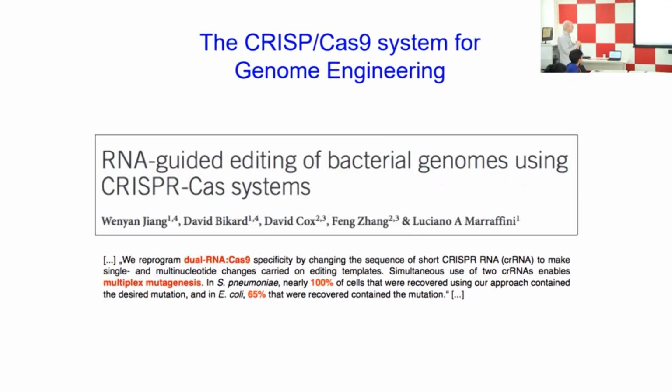I will not get into the details, but probably you will get the story in other subjects in your curriculum. But the basic fact that we want to exploit for the sake of this course is that CRISPR-Cas systems provide some tools, some activities for RNA-guided editing of bacterial genomes.